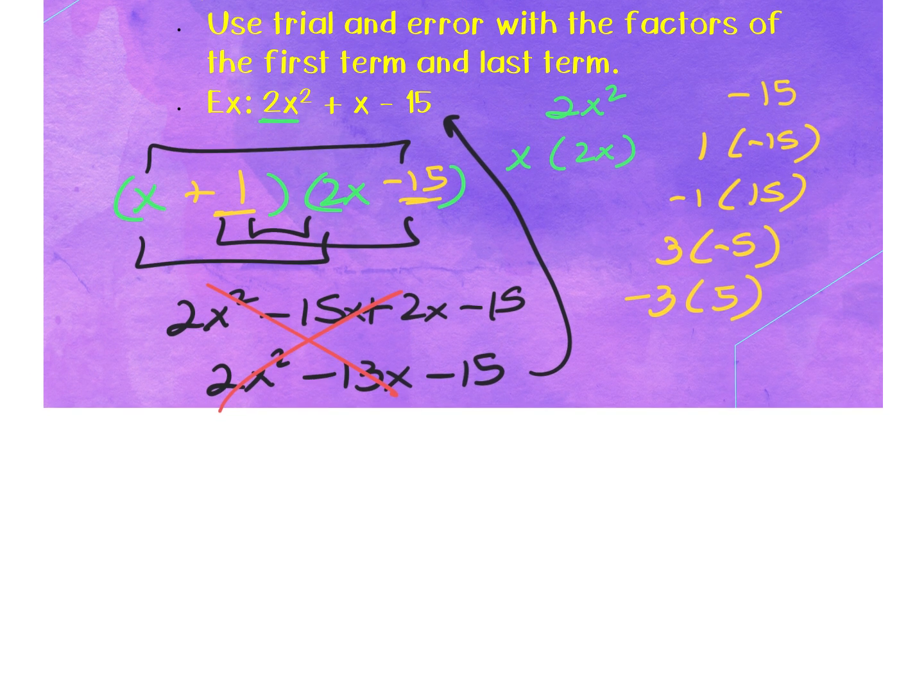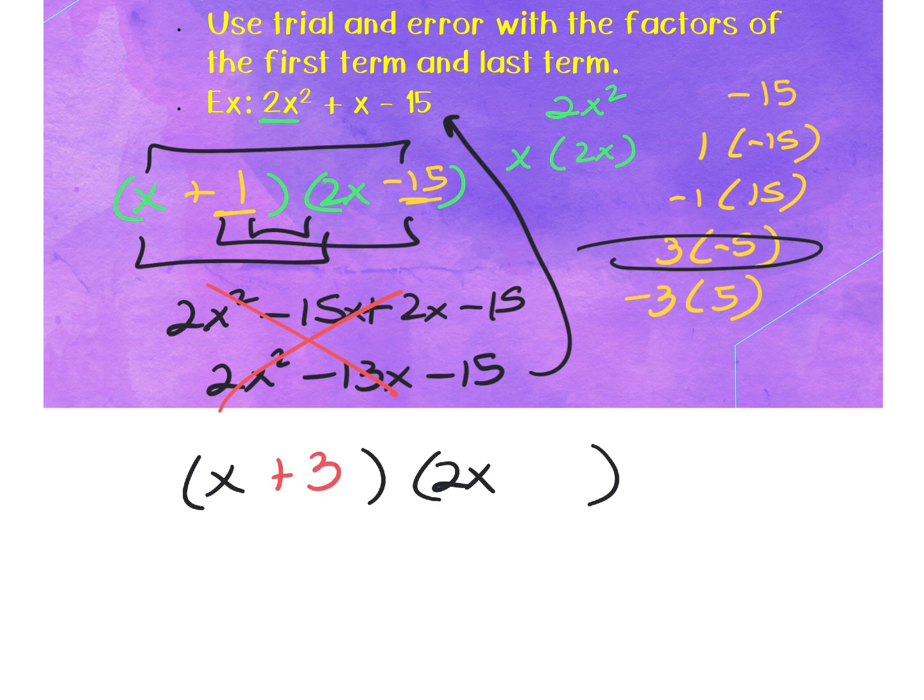So then again, put your x and your 2x in here. And now let me try another one. So let's try instead this one. Let me put, and again, where you place it is going to be important.